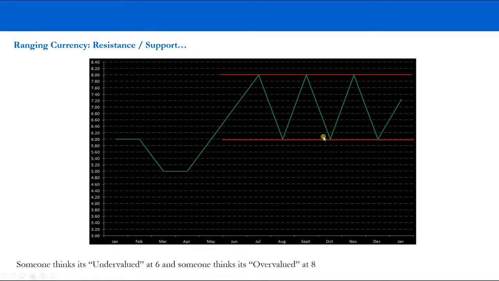If we're the opposite, we use the same principles. If we're bullish on the currency pair and we see the range put into place and we see it bounce off support again, we may take a starter position on the way up.